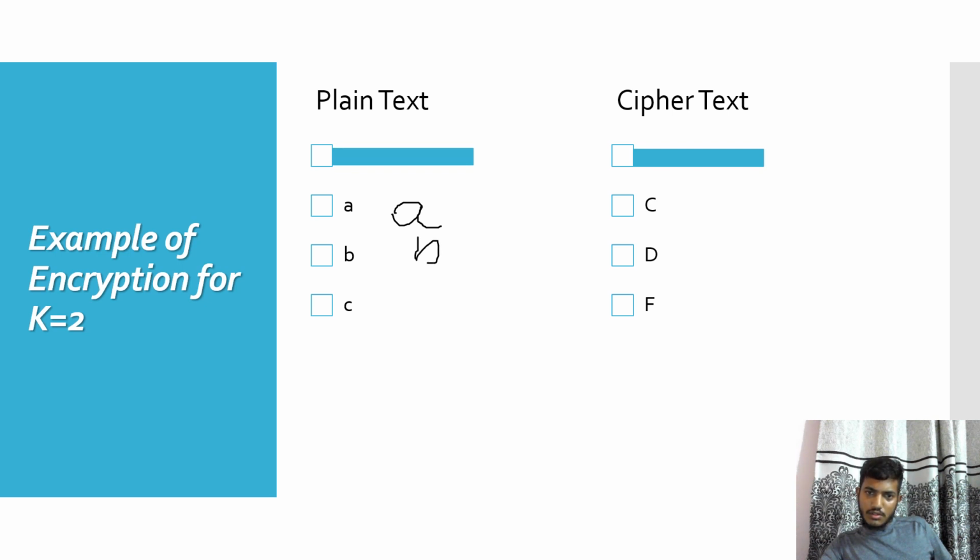Further 2 letters down: B, C. This is the ciphertext for A. As I have shown in the PPT, for A, C is the ciphertext, for B, D is the ciphertext, and for C, E is the ciphertext.